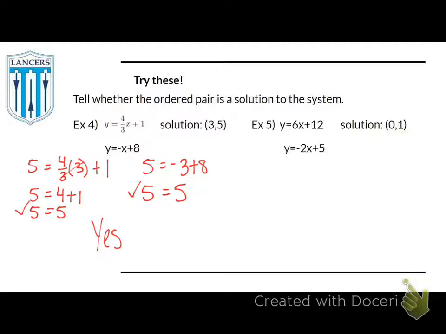Example 5. Thumbs up, thumbs down. Is a solution, is not. I'm seeing mostly thumbs down. Which one did you use that told you it wasn't a solution? Like which equation didn't work out? The first one didn't work out? Okay, so if you find one that doesn't work out, you can stop there.